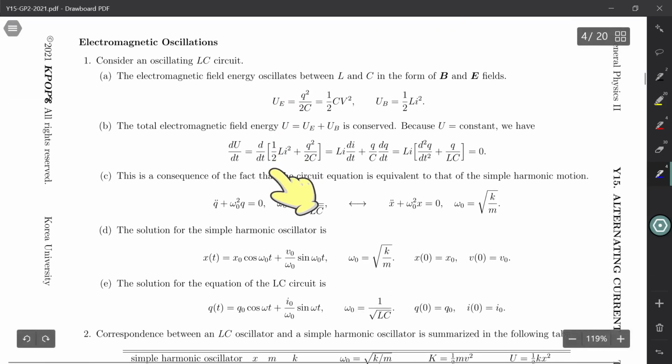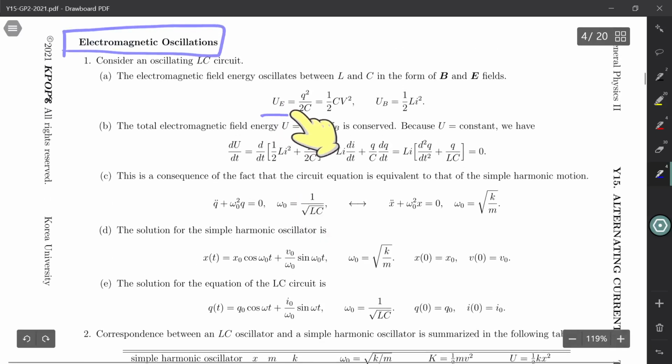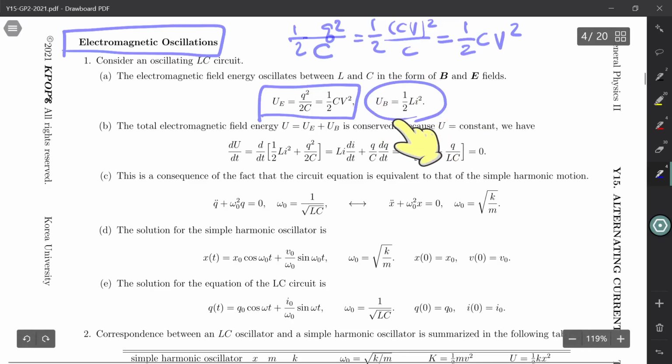Let us continue to look at the electromagnetic oscillation. Electrostatic field energy is 1/2 Q squared over C, where Q equals CV. Magnetic field energy is 1/2 L i squared.